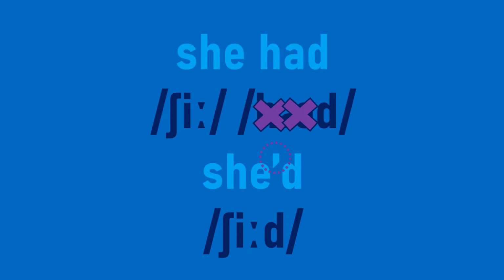And this is the same pronunciation as the contracted form of she would. So you might be thinking to yourself, well, if I hear somebody say she'd, how do I know if it's a contraction of she had or she would? And if you're asking that question, I think that's a really valid question. So let's try and work this out together.